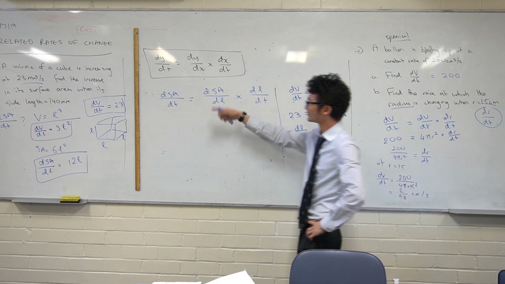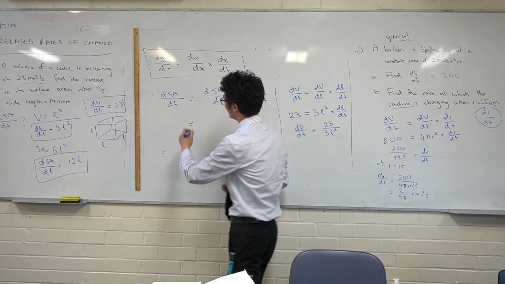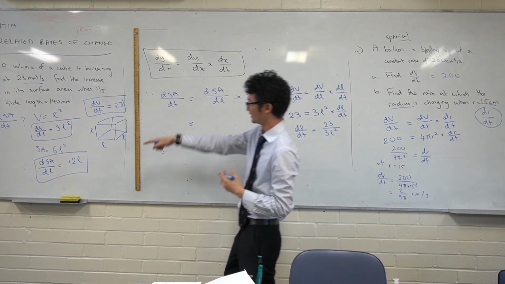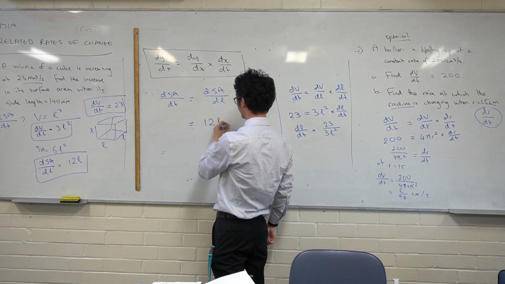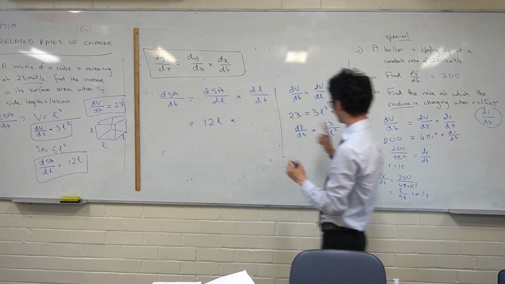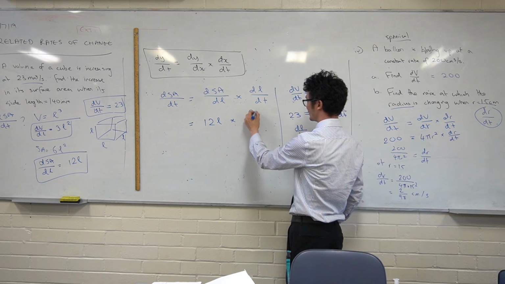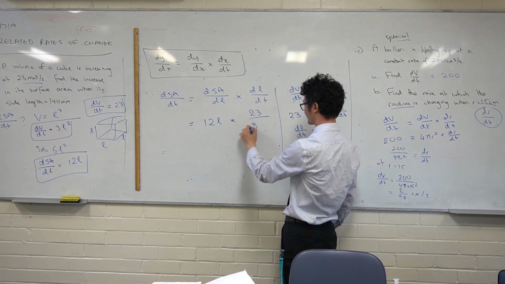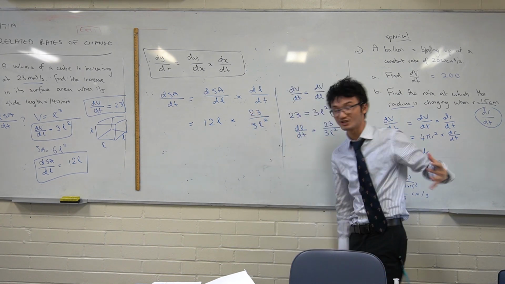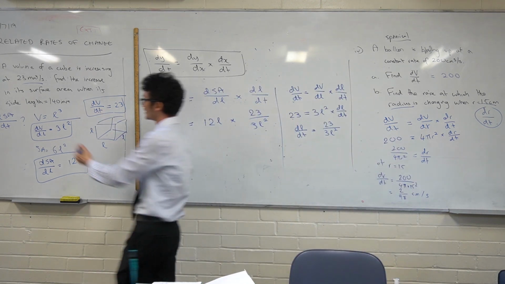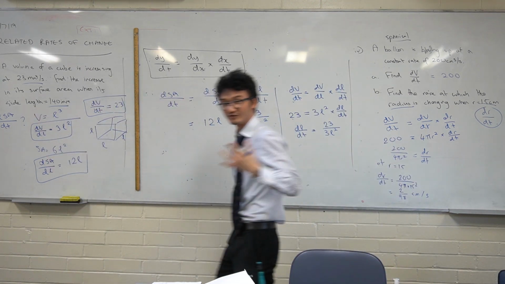Now we can go back to this and say, all right, what pieces do I need? I need dSA/dL, that's 12L over there, multiplied by dL/dt, which I have over here now, that's 23 over 3L squared. And that's just the expression though. I'm actually looking for when its side length is 140 millimeters, right?